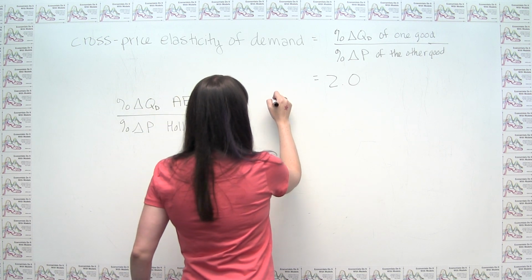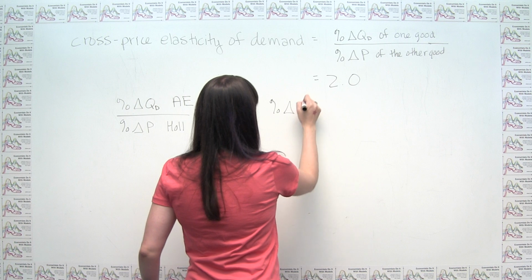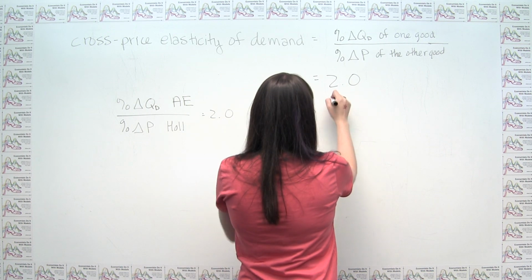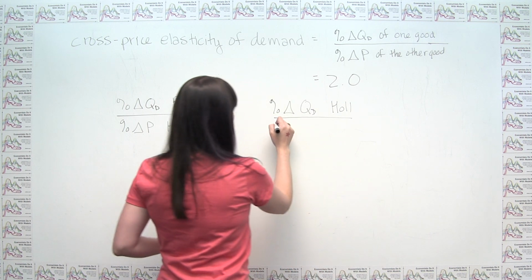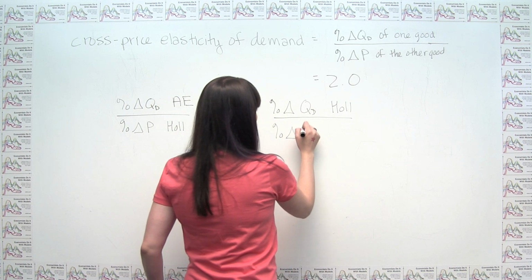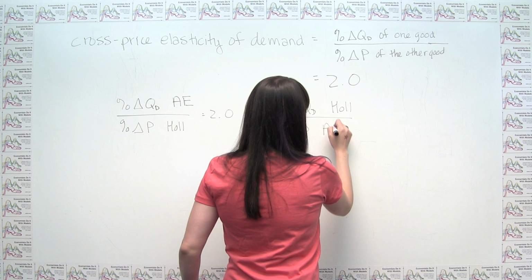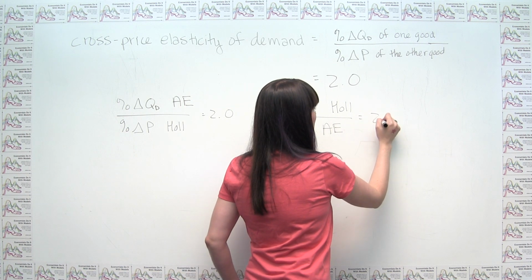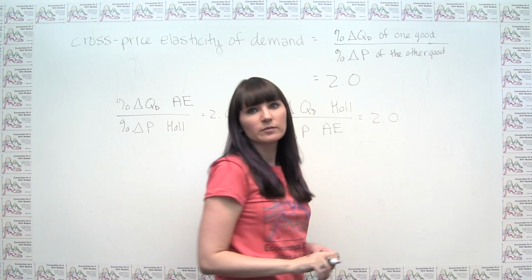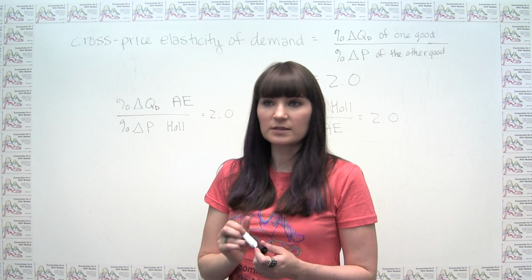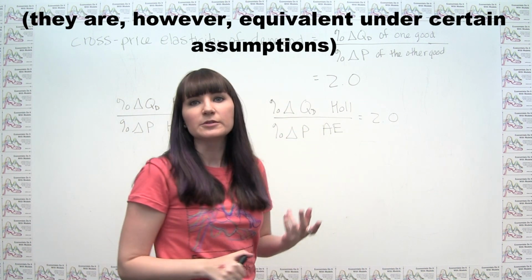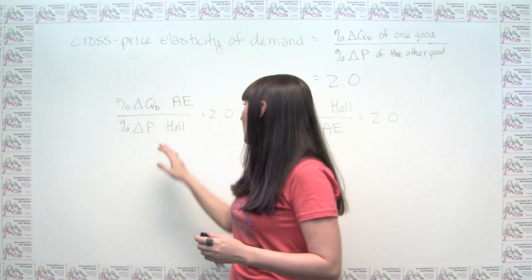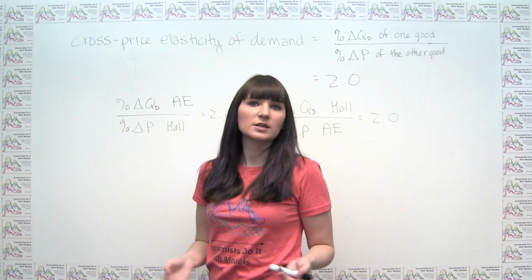Or we could say that the percent change in quantity demanded at Hollister divided by the percent change in price at American Eagle equals 2.0. These might not always literally be the same thing, but they're always going to move in the same direction. So regardless of how we interpret this statement, we're still going to get to the same answer.